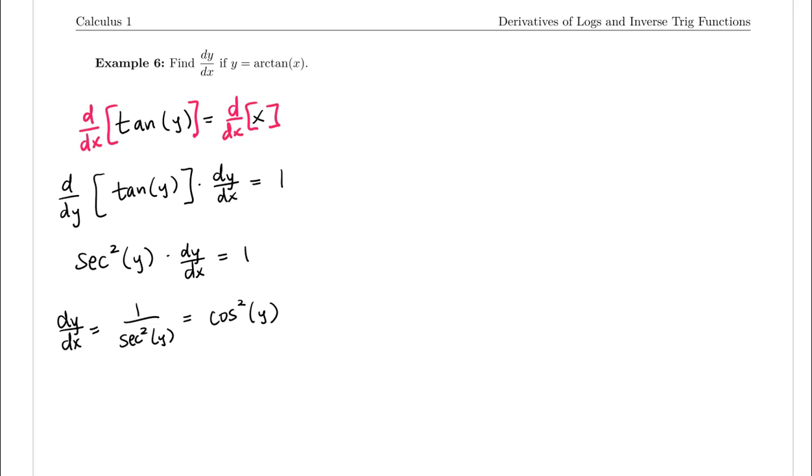Now, just like before, we actually can get this into explicit form. It's going to require a little bit more work of us. So let's see what that's going to do. We originally said that if we have y equals arctangent of x, if we take the tangent of both sides, we ended up with tangent of y is equal to x. And when you take trigonometry, you learn about this mnemonic device called SOHCAHTOA.